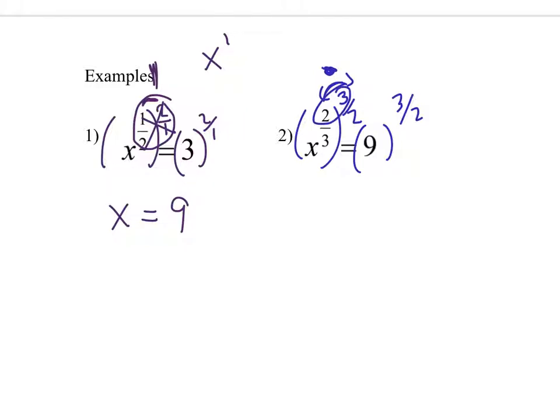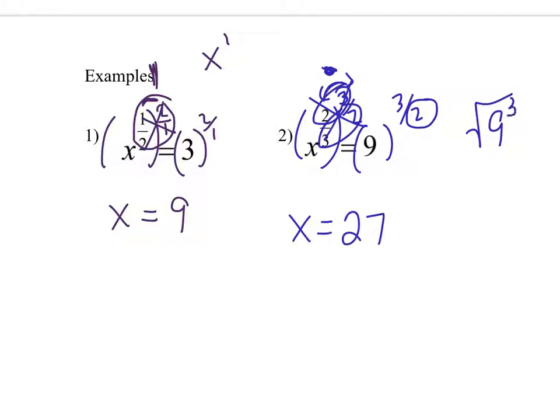If you remember, it's 6 over 6, which is 1. So it's x to the first power equals 9 to the 3 over 2 power. Now that is 27. Now, the problem with this is, this 2 on the bottom, as you all know, means this is 9 to the 3 goes there and the 2 goes there.